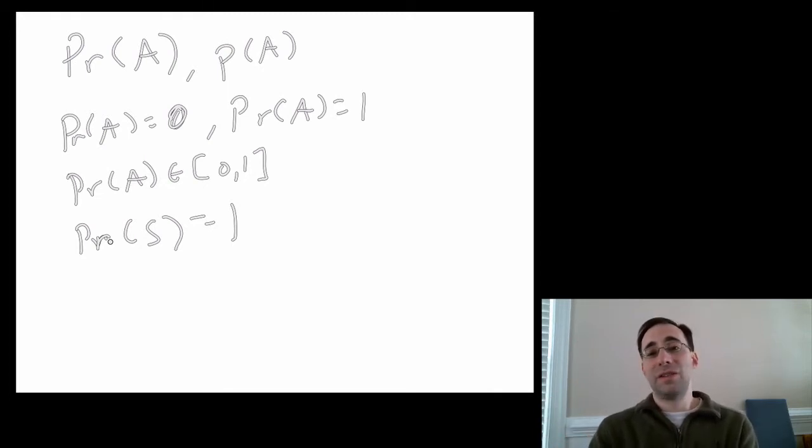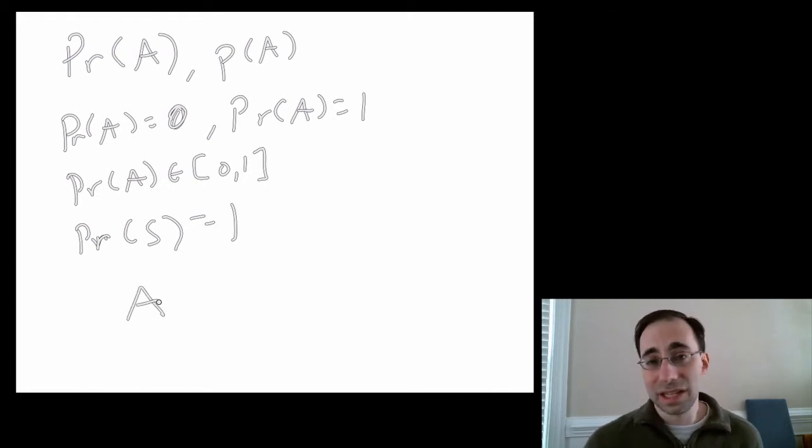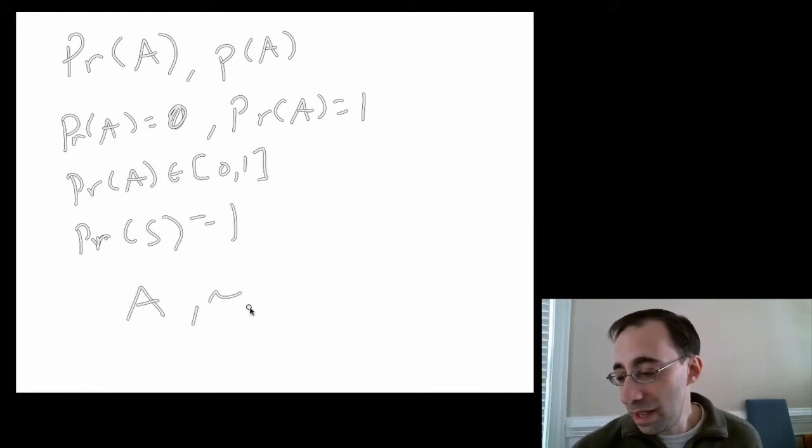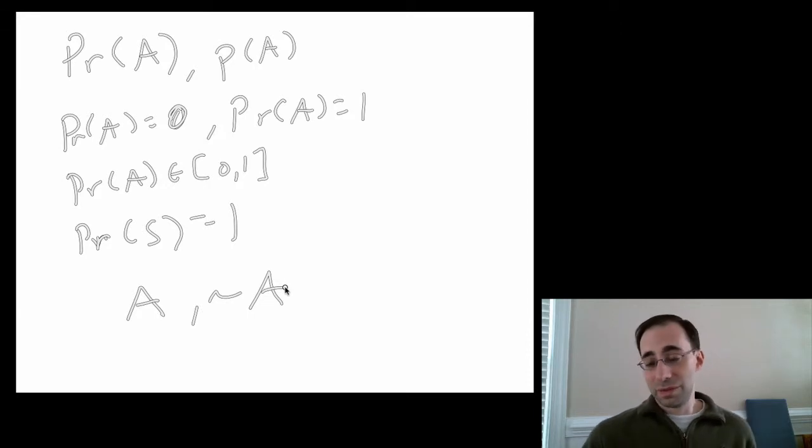Right? For instance, let's consider a very definite dichotomous outcome. Either A happens or A doesn't happen. Right? We say A is the event A happening, and not A, that tilde means not A, is the event that A doesn't happen. Well, one of A or not A must happen, right?